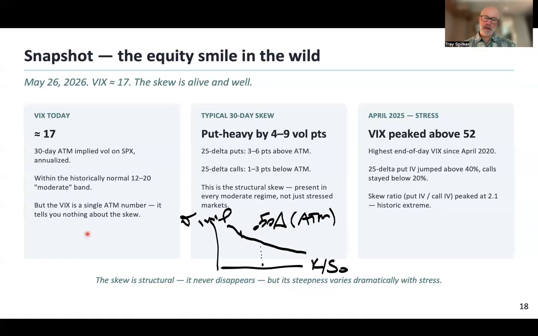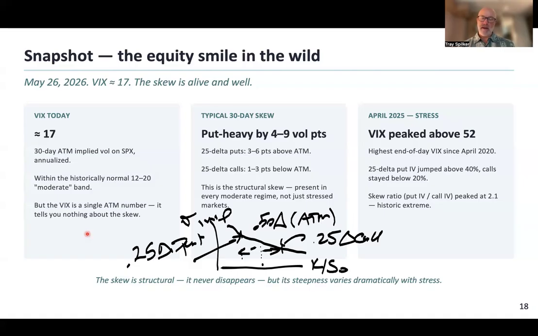And then what we're talking about here is the 25 delta put option right here. And then the other one would be the 25 delta call option, and that would be right here. They're equidistant from the at the money option, but there's a bit of steepness, right? So it says essentially that the put option is more expensive relative to the equidistant call option.